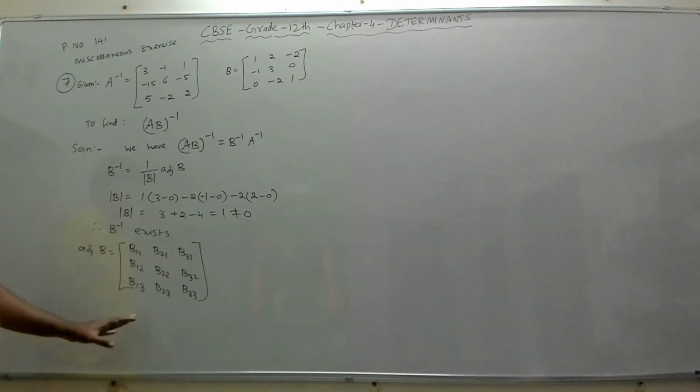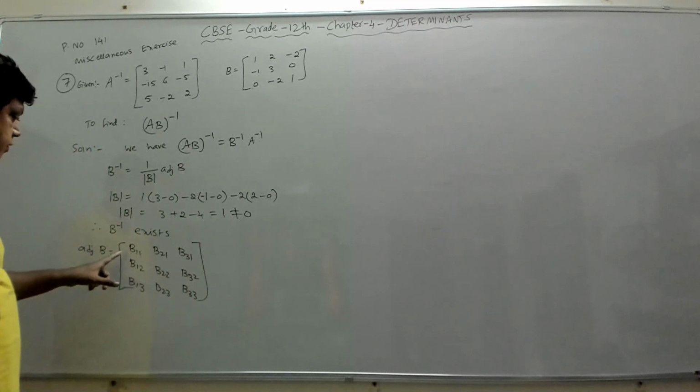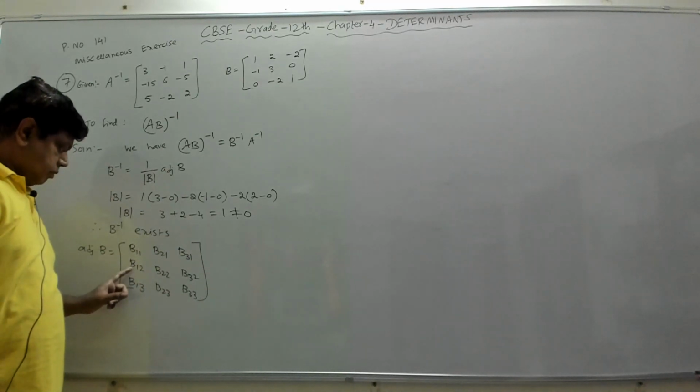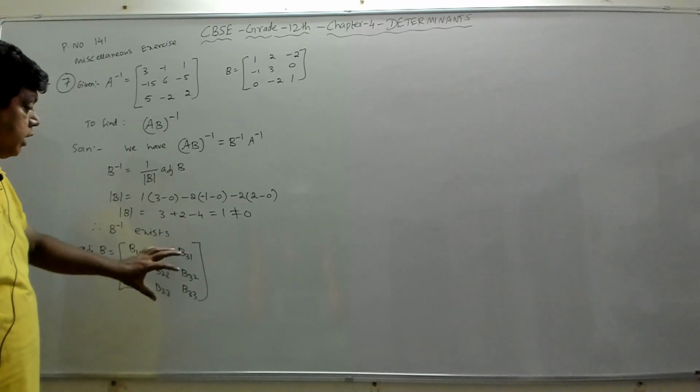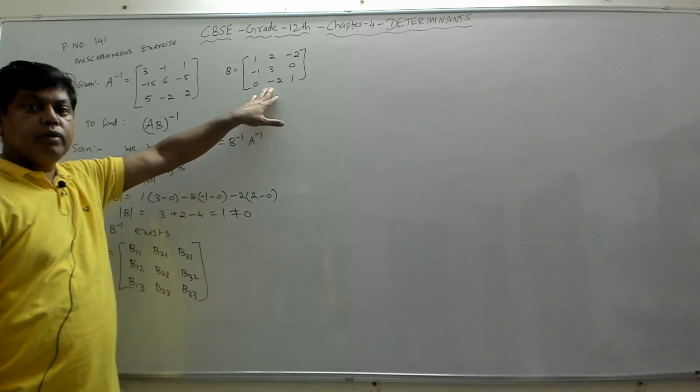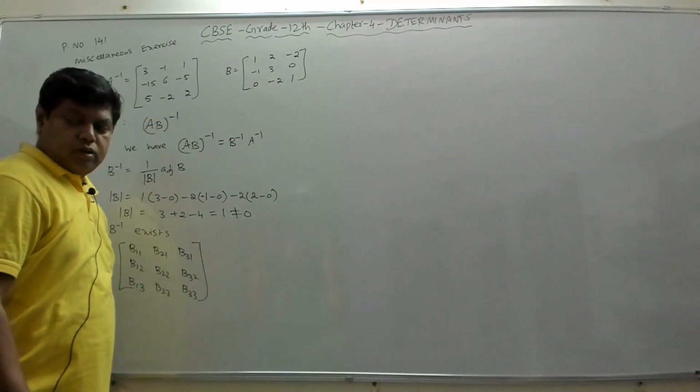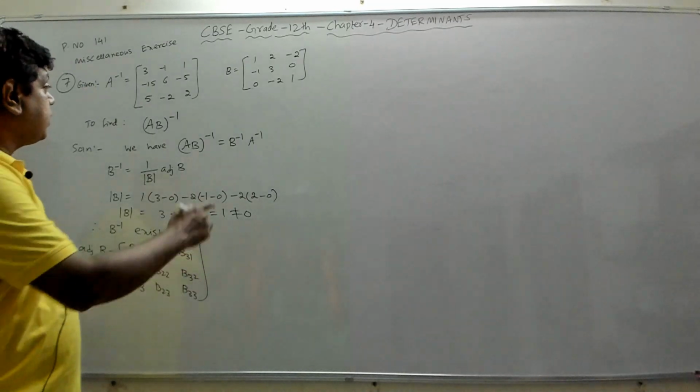This is the adjoint of the B matrix, where capital B11, capital B12 and so on respectively are the cofactors of the elements of matrix B. So let's find the cofactors.